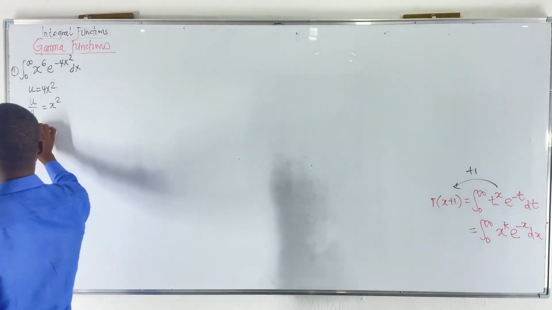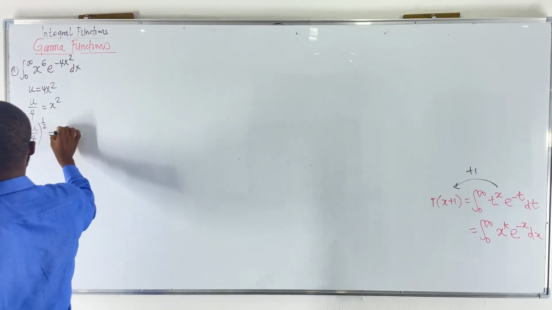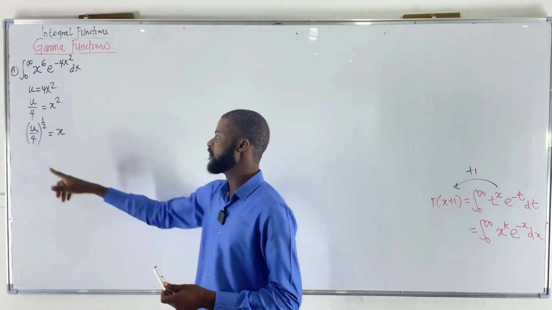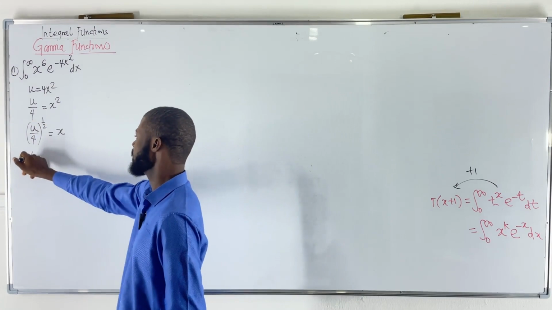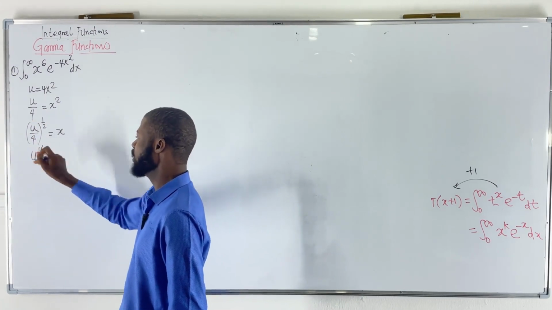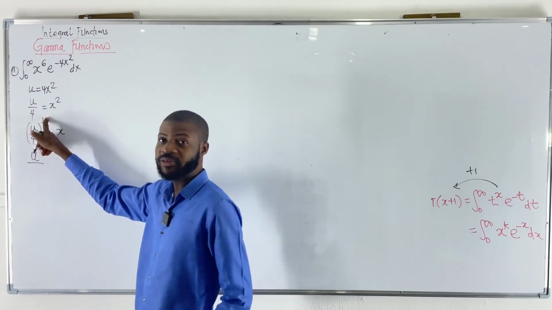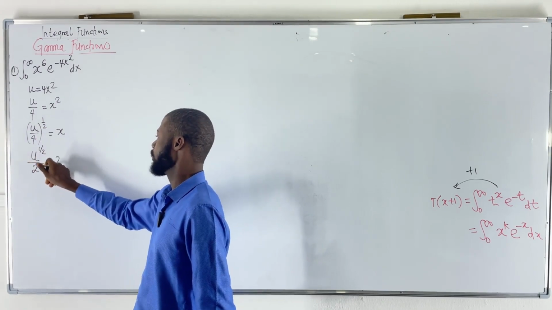So this is u over 4 all to the power of half equal to x. But remember that 4 has a square root. So this actually is u to the power of half, only the u will have the half. And 4 to the power of half, which is the square root of 4, is 2. And this will equal x.